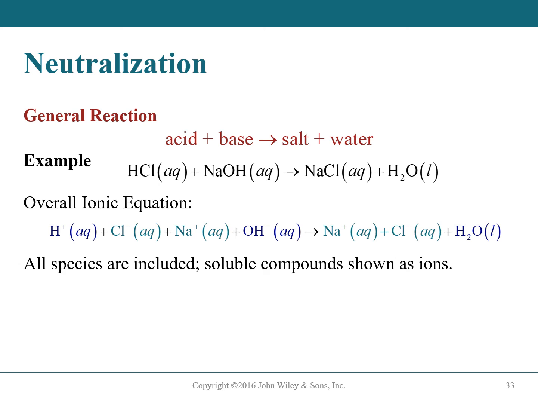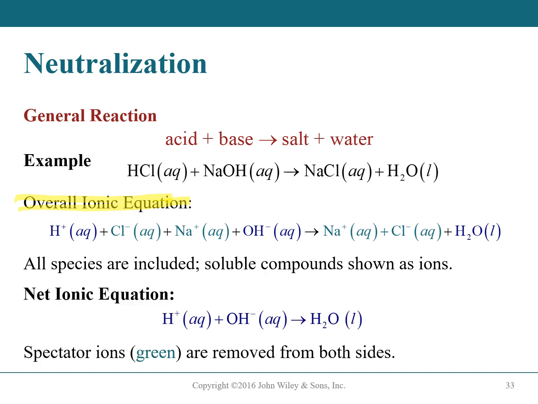But what's important to learn now is how to write an overall ionic equation and a net ionic equation. So what do we call this top one? Everything's written in neutral form. This is the balanced equation, even though they're formula units, the molecular equation. Everything is neutral and in its molecular or formula unit form.